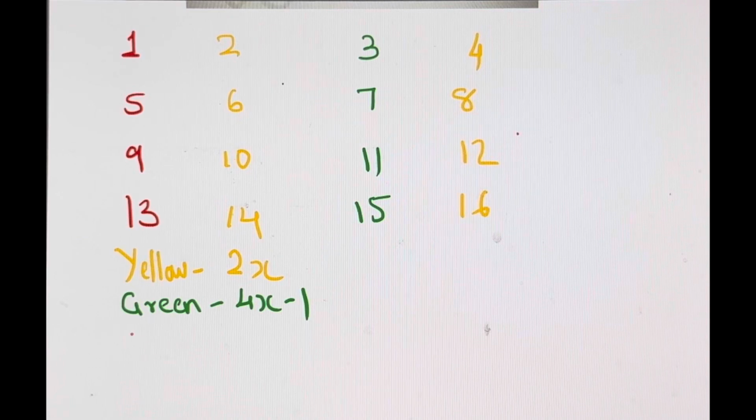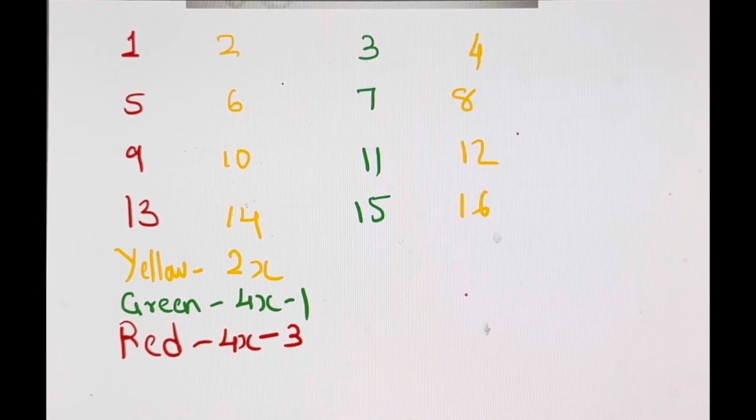Okay. So for the red color, the formula will be, they are all 3 less than the multiples of 4. So 4x minus 3. Right. So this is an easy way to understand, and I write the expressions for each color.